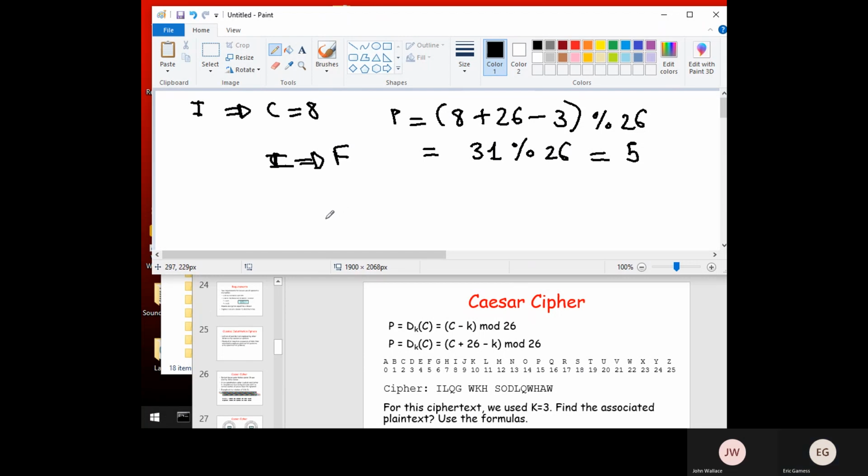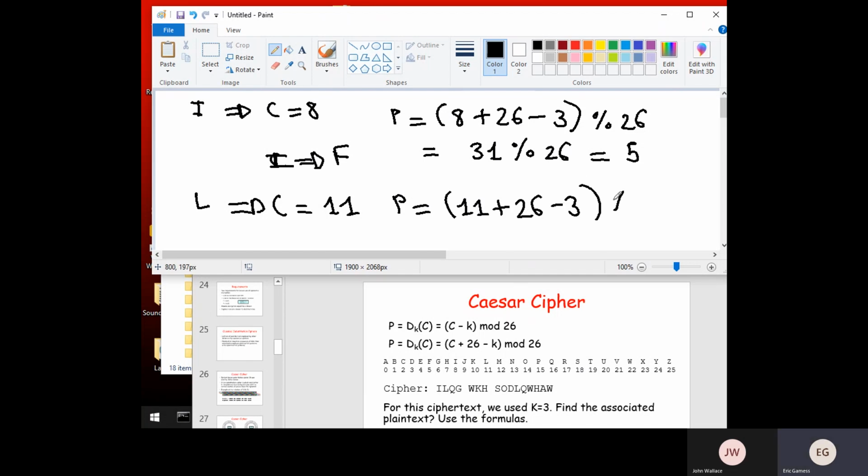Let's do the second character. It's an L. If it's an L, what is the ciphertext? It's 11. So let's compute the plain text. It will be 11 plus 26 minus 3 modulus 26.